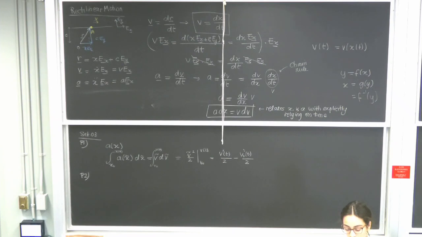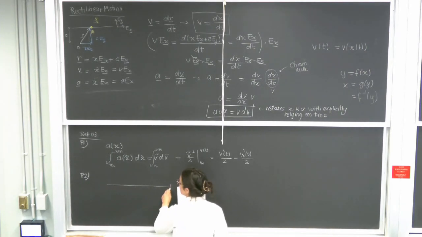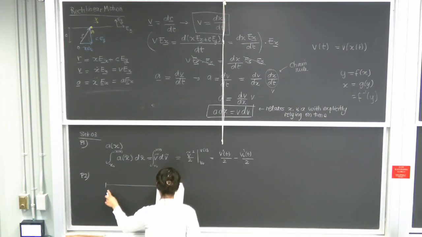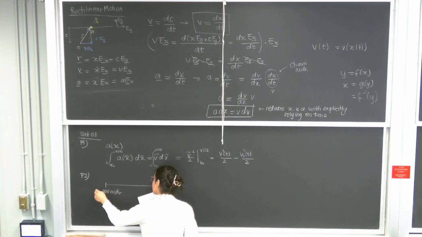So at 200 miles per hour, the drag chute is deployed. And at 35 miles per hour, it's jettisoned, it's removed. And we're given the acceleration as a function of what during that time? Velocity, right. So this is what's happening. At this point here, the speed is 200 miles per hour.